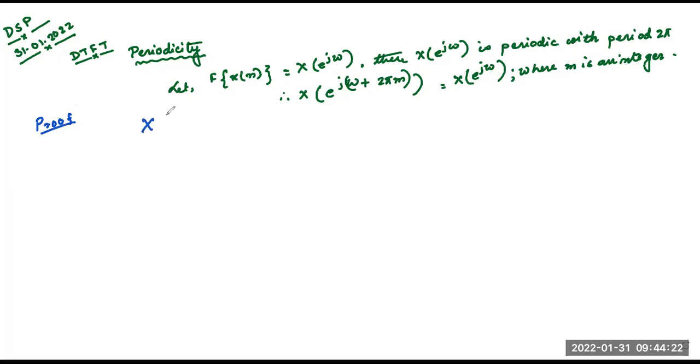We have X of e to the power j (omega plus 2 pi m). Let us think of this as our signal.